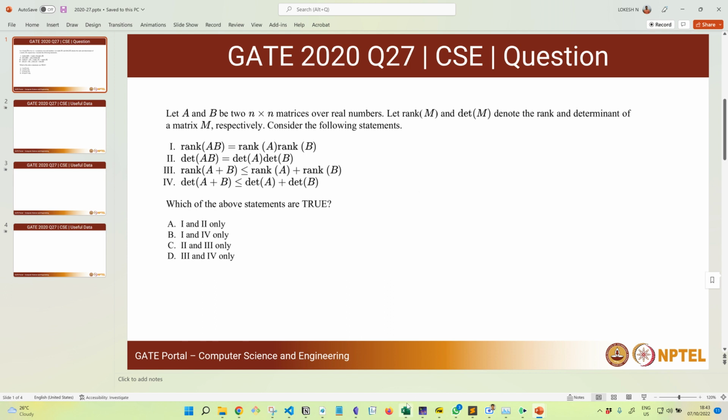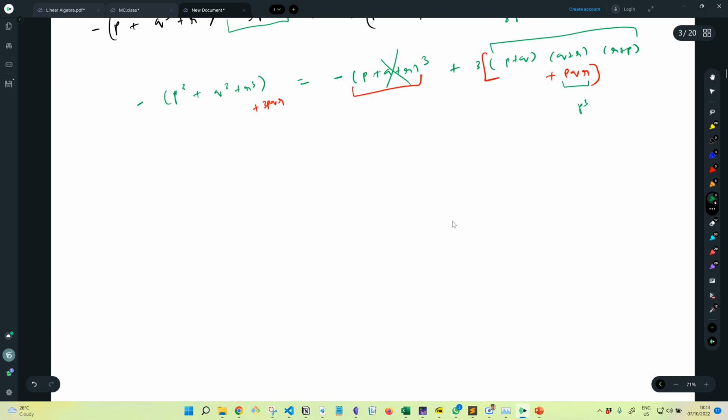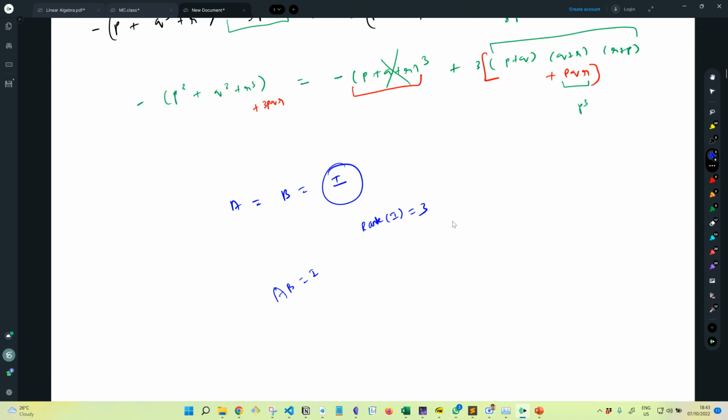Okay, I'll solve it. Now let me convince you that this statement is wrong by taking a trivial simple example. Let us consider A equals B equals identity matrix. We know that rank of identity matrix equals 3, right? Now we also know that A into B is again I. When you multiply identity with itself, you will get identity itself.